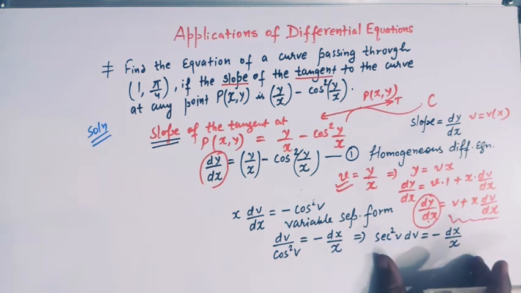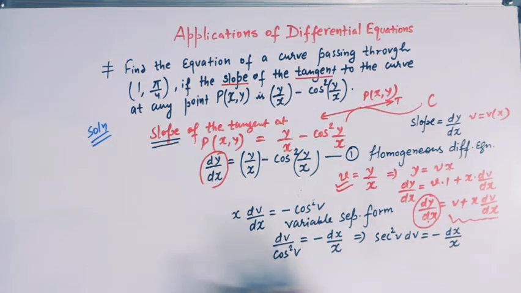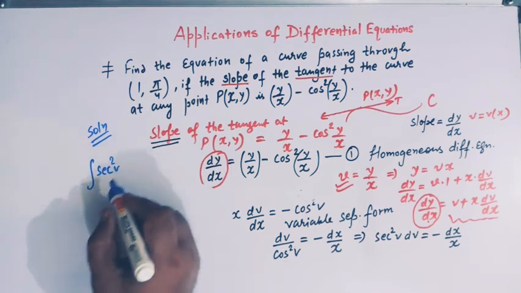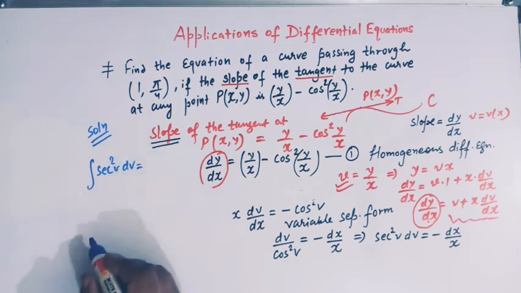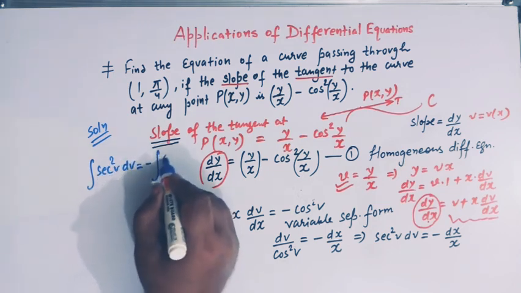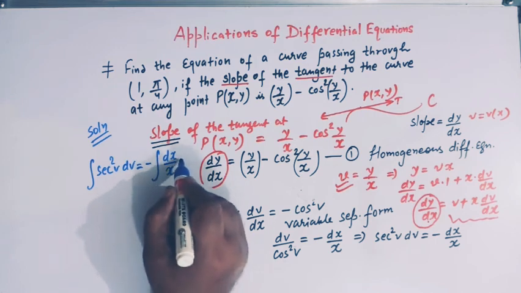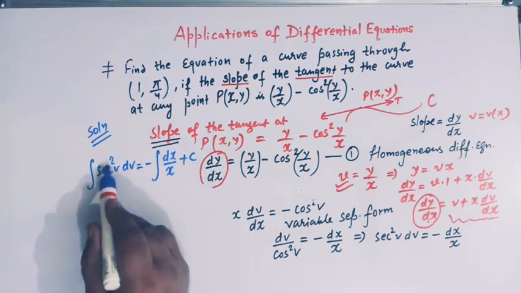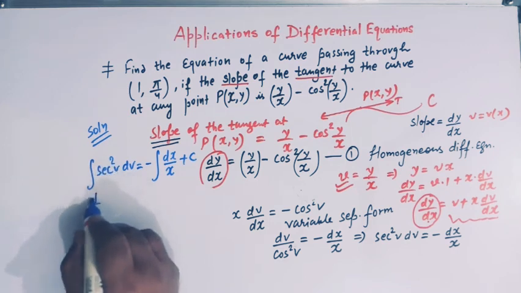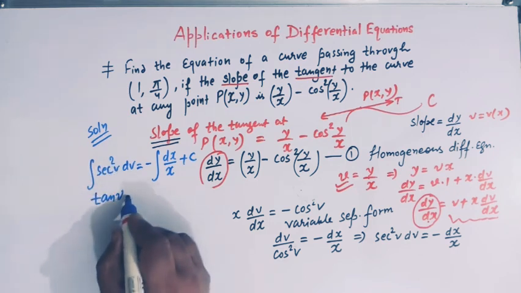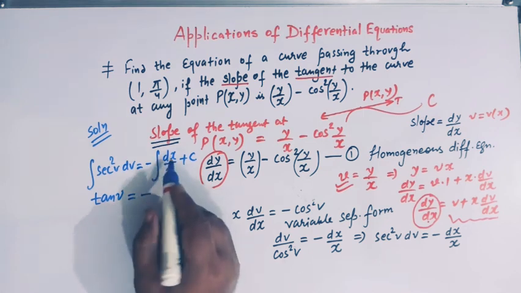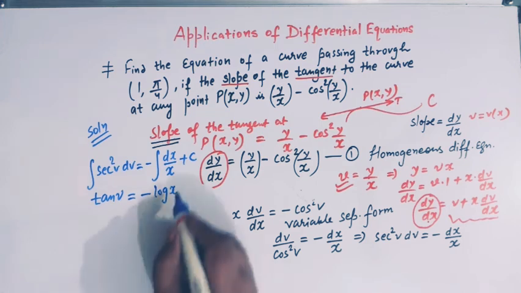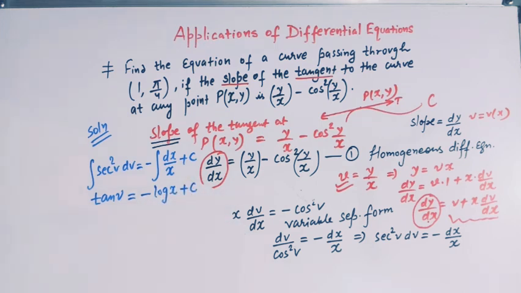Now integrating both sides, we have the integral of sec²v dv = −the integral of dx/x + c. Now the integral of sec²v is tan v, and the integral of 1/x is log x, plus c.